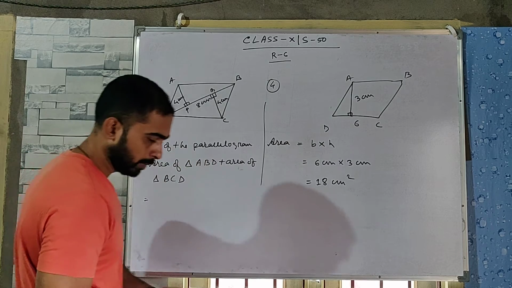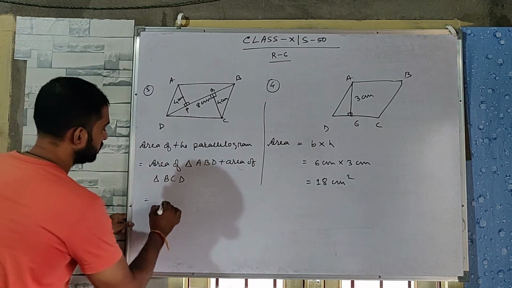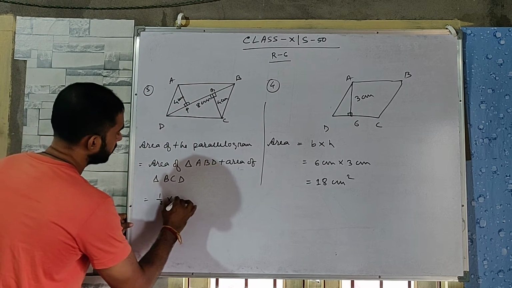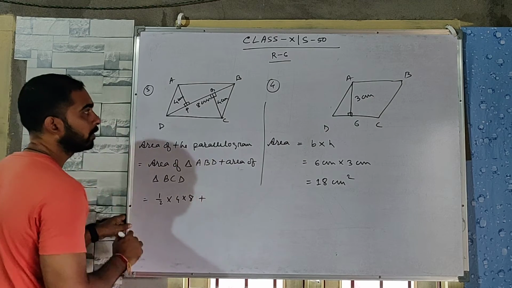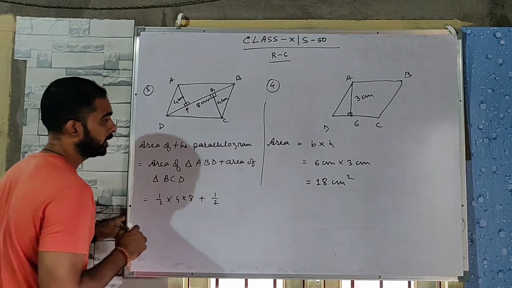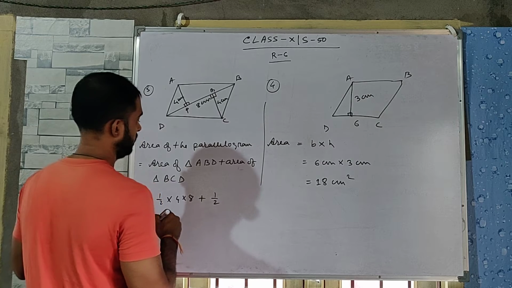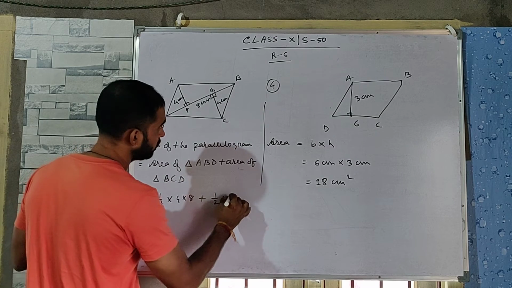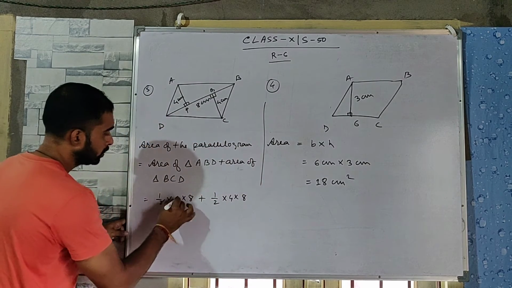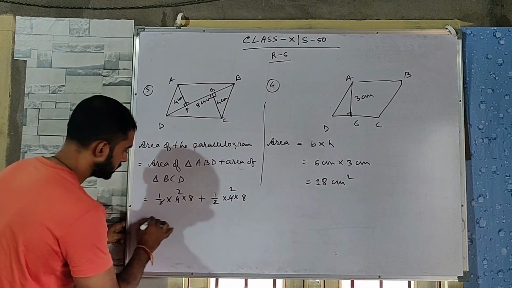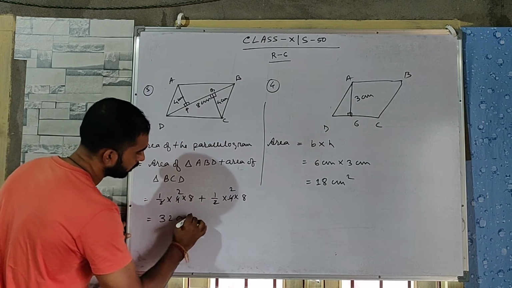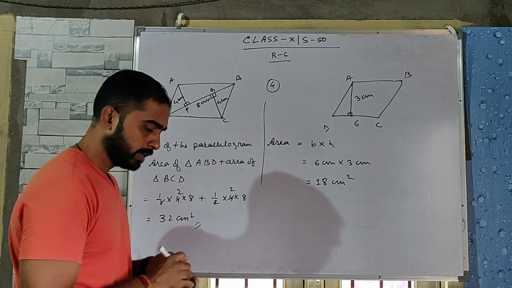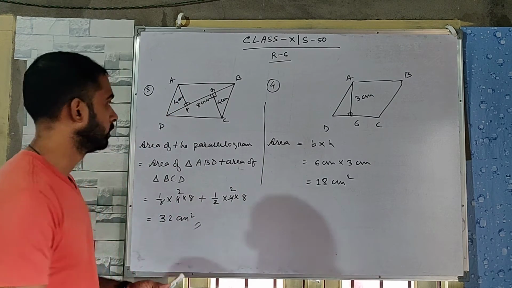Now, area of triangle ABD is equal to half into base into height. Similarly, area of triangle BCD equal to half into base into height. 16 plus 16, 32 square centimeter is the area of the parallelogram.